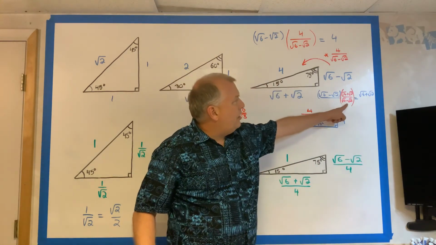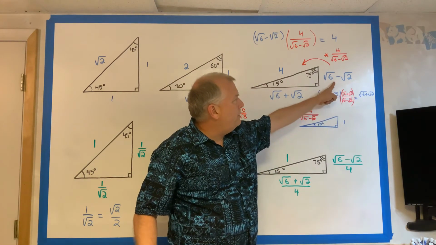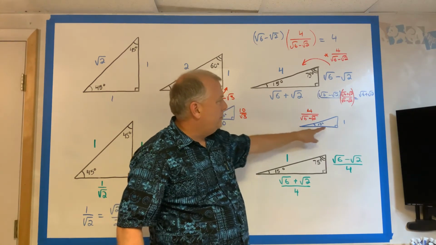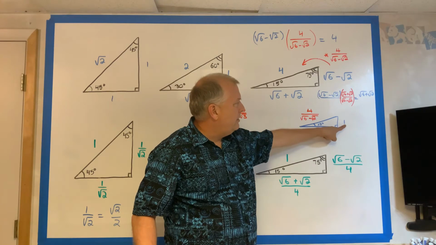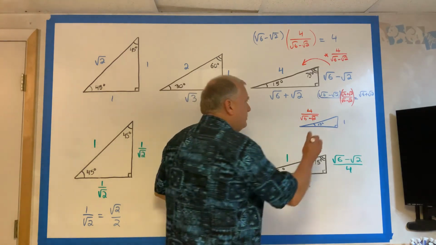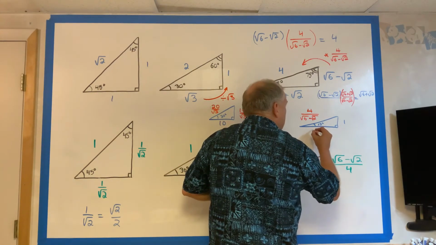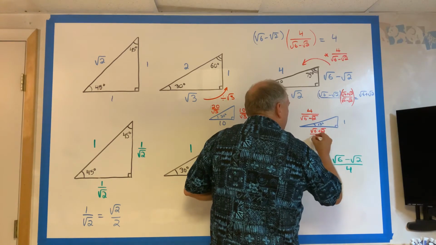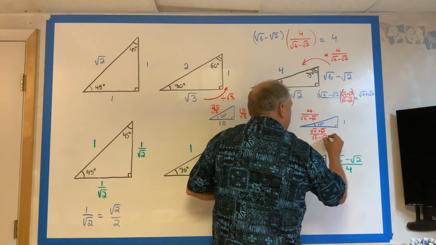That's the instruction for moving from this side to that side. How do I find the long side now? I'll multiply 1 times root 6 plus root 2 over root 6 minus root 2.